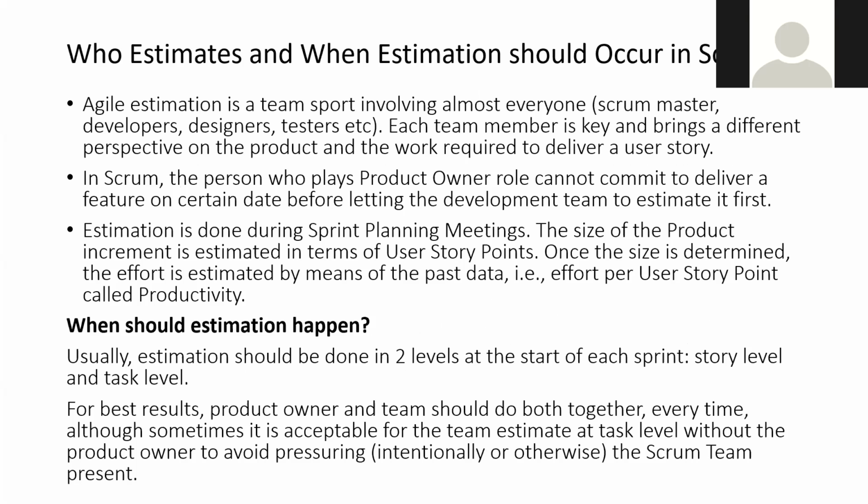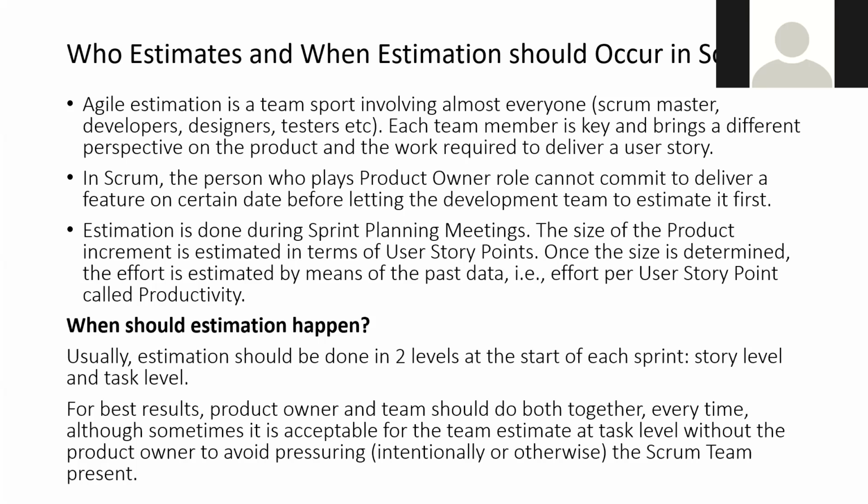So yeah, who does the estimation, and when does it occur in a Scrum environment? Agile estimation is a team sport, so everybody is involved, from the Scrum Master, the designers, the developers, everyone. So the idea is to bring everybody together and get their own perspective on the product and the work required to deliver a story.